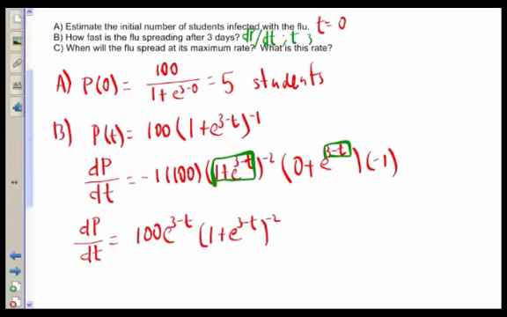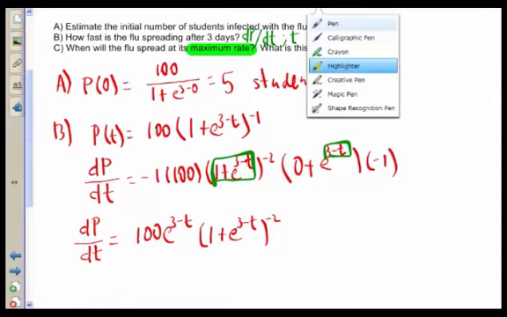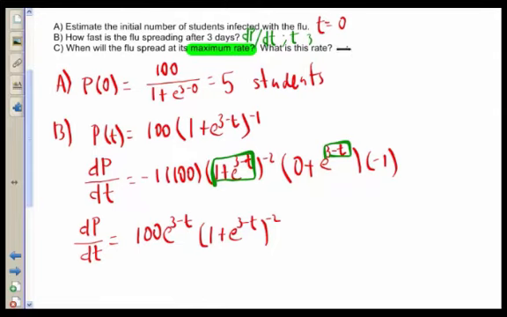Okay, so to answer the last part of the question, what we want to do is check out part C. When does the flu spread at its maximum rate? Well, remember, when we're looking at our derivative, that is the rate of change. And so we're looking for a maximum value of the derivative.